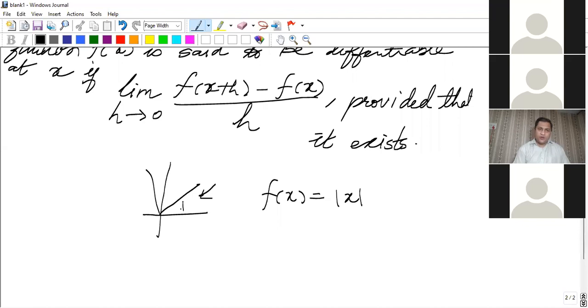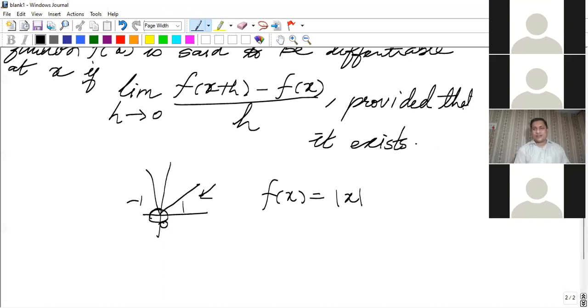It is going to be 1. The right limit is going to be -1 if I want to test at 0. So the left limit is not the same as the right limit. Does the limit exist? No. It's a continuous function, but not differentiable. This is not differentiable at 0.